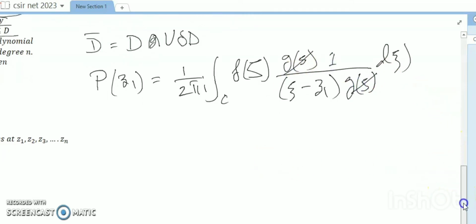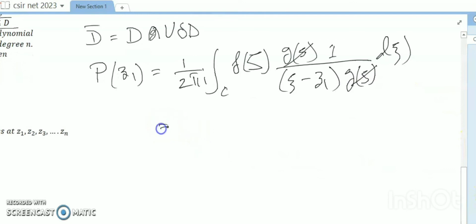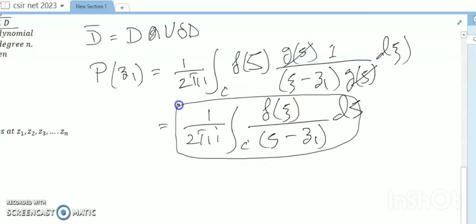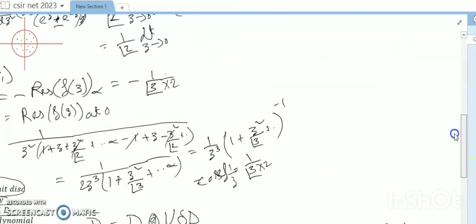So whatever you see, we get 1 by 2 pi i, integral over C of f(ξ) divided by (ξ minus z1), d ξ. So friends, when we get this value, this formula is the Cauchy integral formula. What is the Cauchy integral formula, friends?